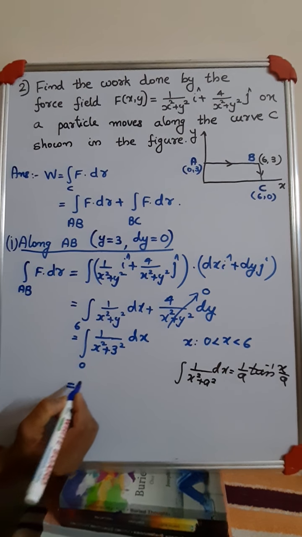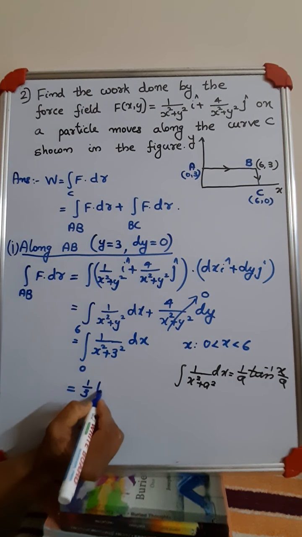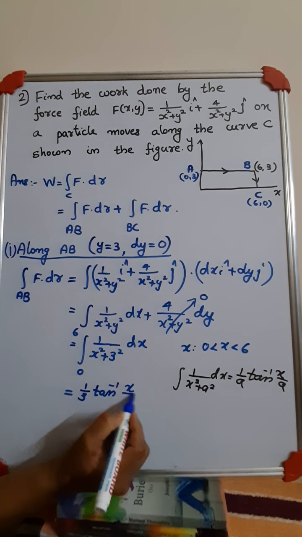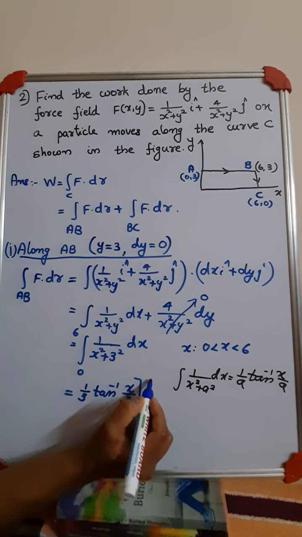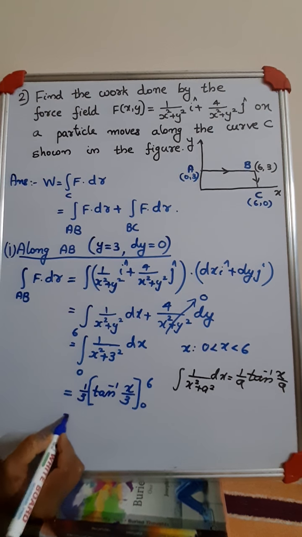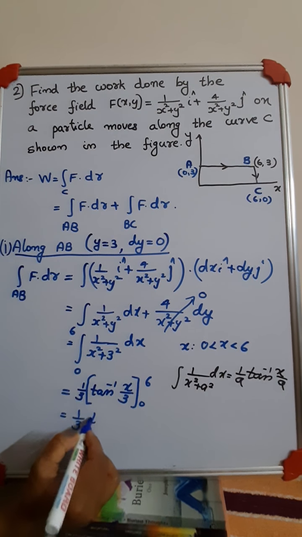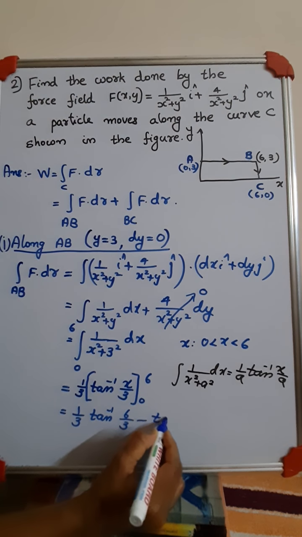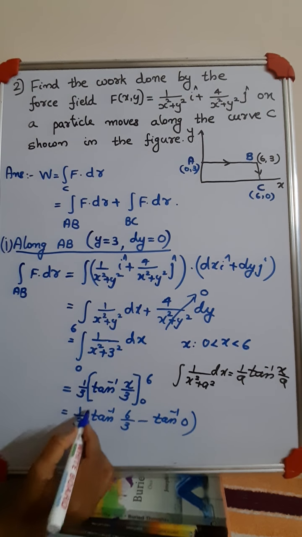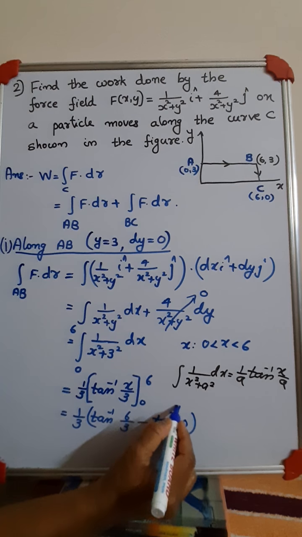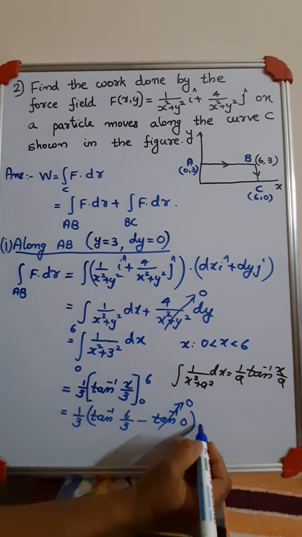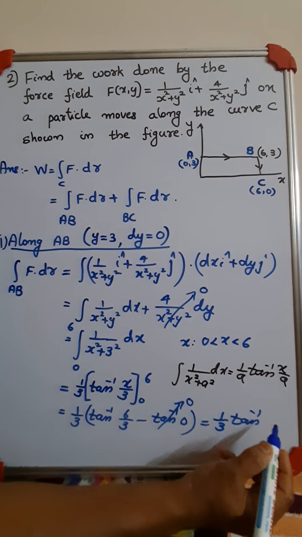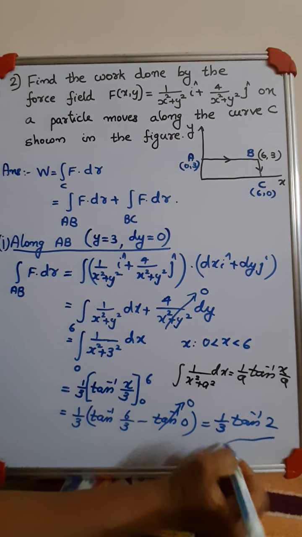So, the answer is 1 by 3 into tan inverse of x by 3 within the limit 0 to 6. That is 1 by 3 into tan inverse 6 by 3 minus tan inverse 0. What is tan inverse 0? Answer is 0. So, final answer is 1 by 3 into tan inverse 2.